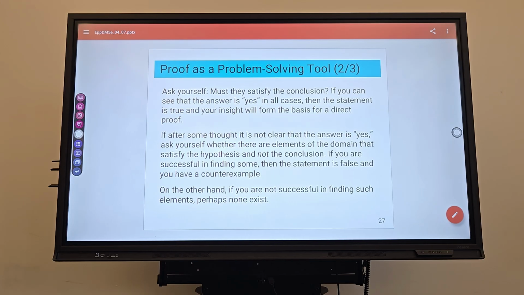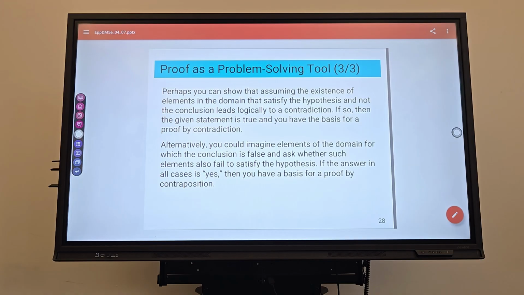If after some thought it is not clear that the answer is yes, ask yourself whether there are elements of the domain that satisfy the hypothesis but not the conclusion. If you are successful in finding some, then the statement is false and you have a counterexample. On the other hand, if you are not successful in finding such elements, perhaps none exist. Perhaps you can show that assuming the existence of elements in the domain that satisfy the hypothesis and not the conclusion leads logically to a contradiction.